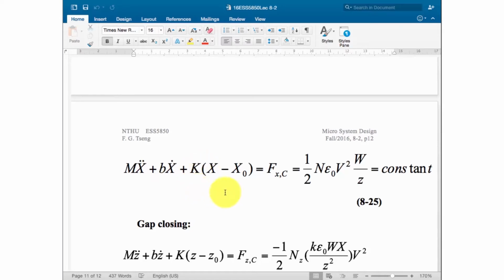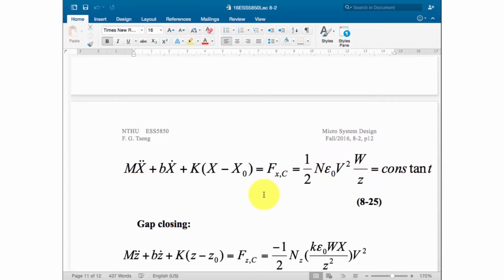The total force will be equal to the force you provide into the system. If you are doing the lateral drive, the force will be a constant force, as we developed earlier. So this part, we just adopt the equation and bring it over here. For a constant force, you can solve this equation easily.